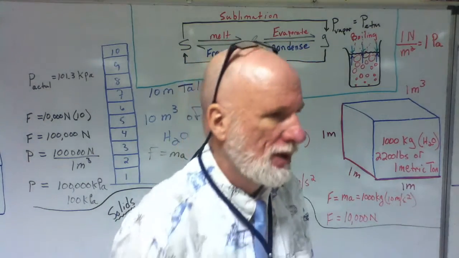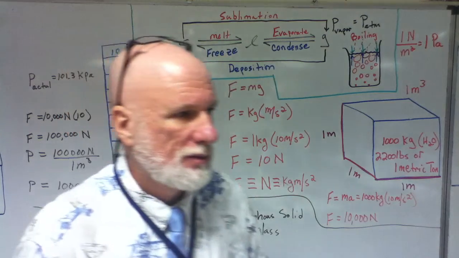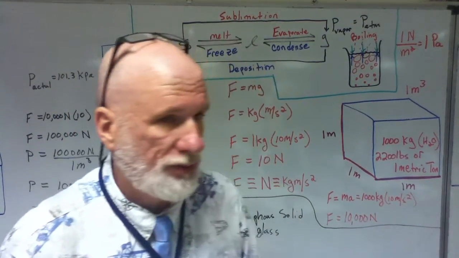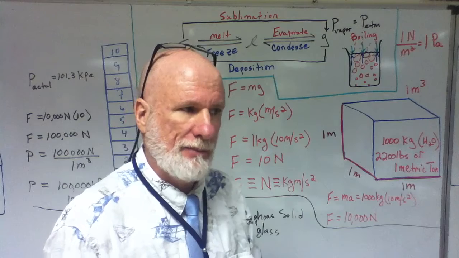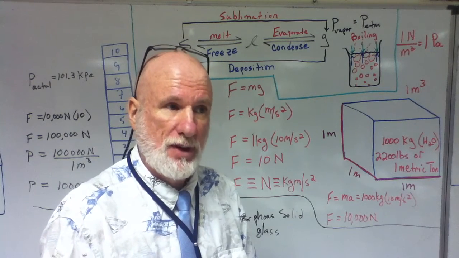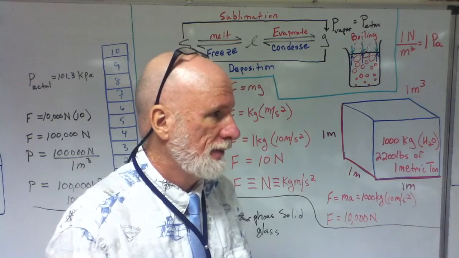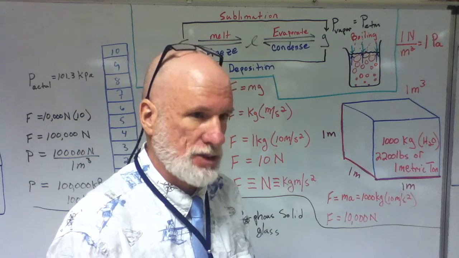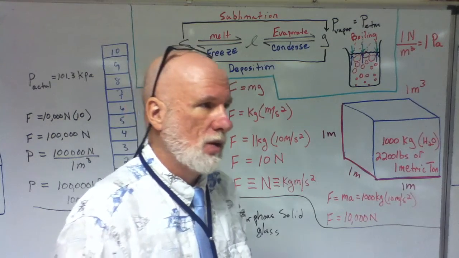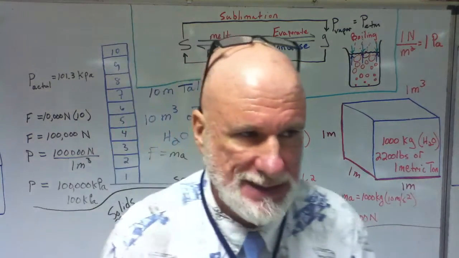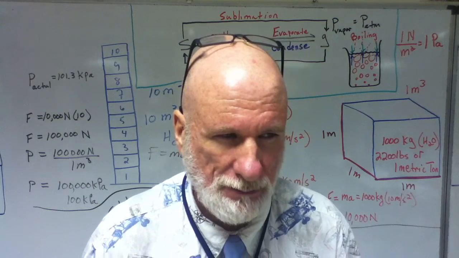A joule is a kilogram meter squared per second squared, right? A Newton is a kilogram meter per second squared, correct? Well, do you have the feeling that pascals might be something?